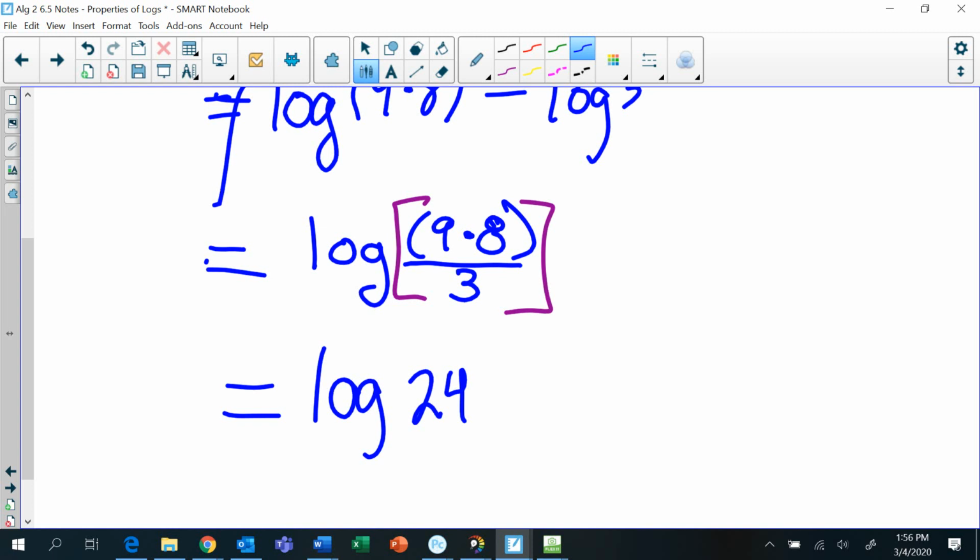Okay, so when you subtract, she raised her hand. Yes. If it's like log base of 9, what would you do with the base? Would the base just stick with the log the whole time? Yeah, so this is base what? 10. Right. So it's stuck there the whole time. We just don't write down base 10.